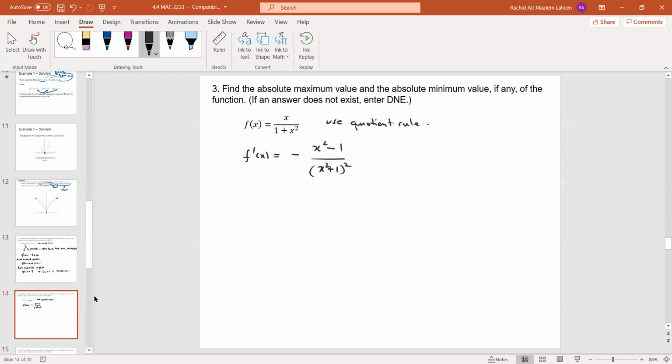All right, by now everybody should be comfortable doing these. Once you get this one, we need to find the critical point or points. We set it to 0.